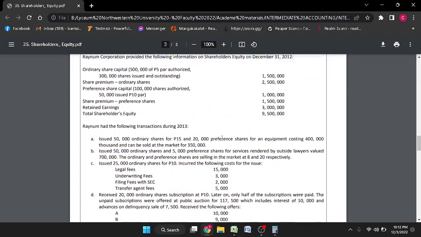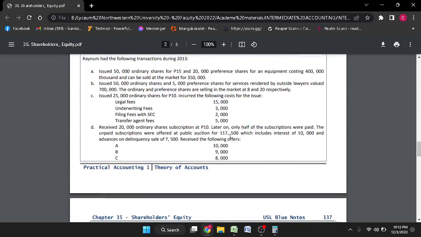So all of this shall be included as share issuance costs that will be deducted from the share premium account.